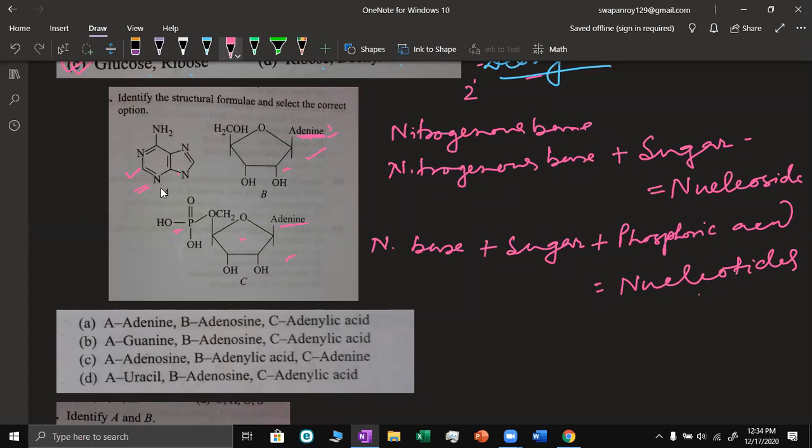What is this nitrogenous base? Adenine. Adenine, adenosine, and adenylic acid. Adenylic acid is the nucleotide: adenine, adenosine, adenylic acid.